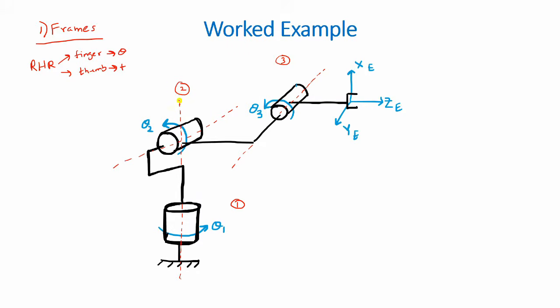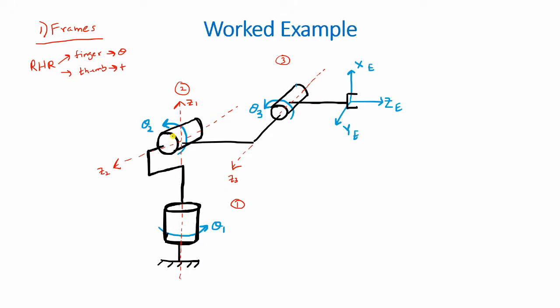And if you use this for joint axis 1, it should point in this direction, 2 would be in this direction, and 3 would also be in this direction. We can now assign our z axis to our 3 joints. So we would have z1, z2, and z3.